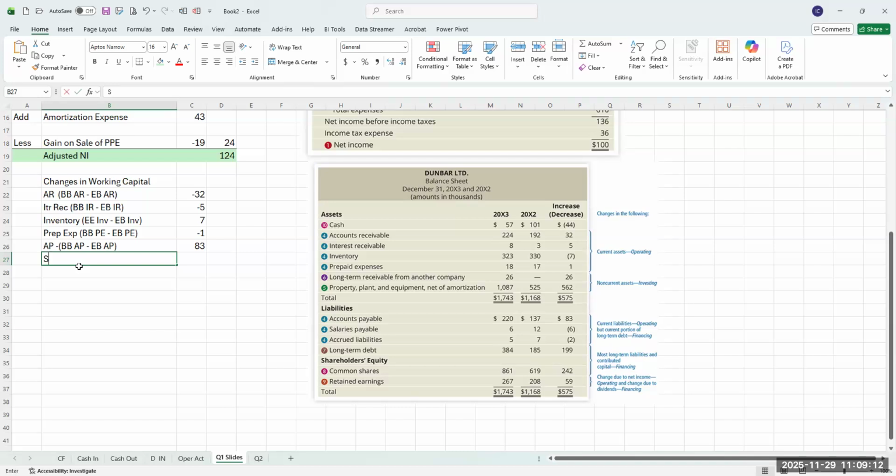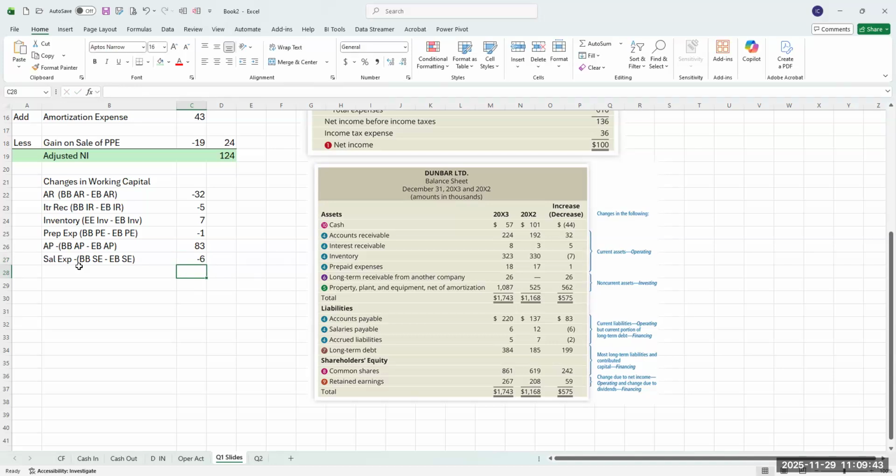Next one, we have the salary expense. Again, since it's an expense, we're going to put a minus in front of the bracket. Beginning balance of the salary expense minus the ending balance of the salary expense. And in this case it will be negative bracket 12 minus 6.